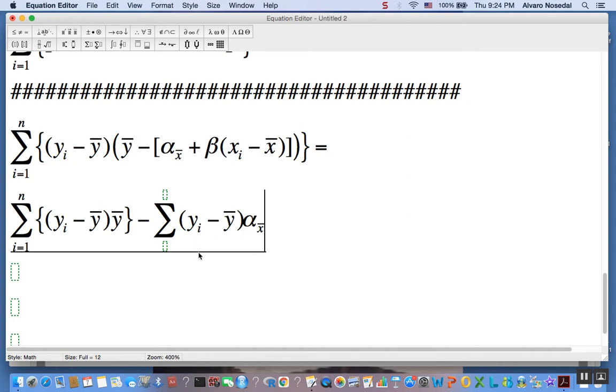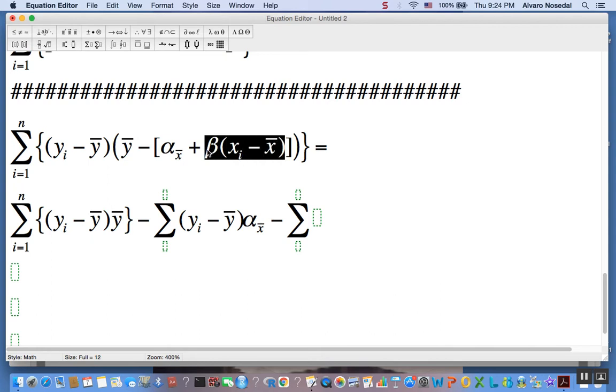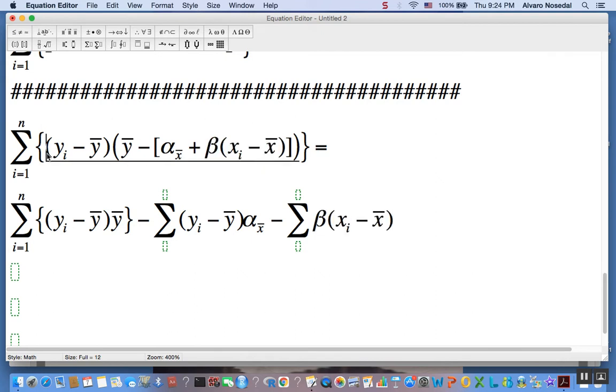And then we're going to have minus as well, right? Because we have minus times plus, right? We're going to have minus summation of beta times xi x bar times yi minus y bar.